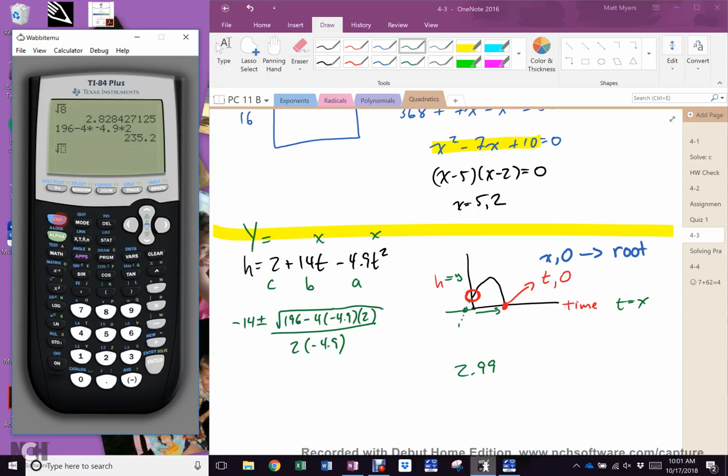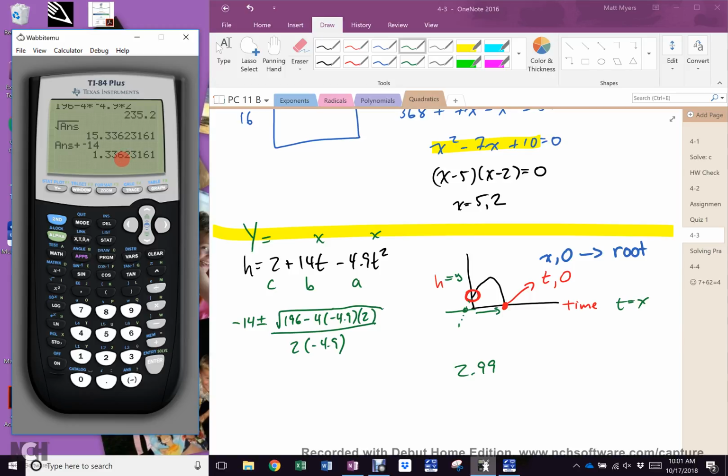Square root of 235.2, my last answer, is that, yes? Everyone cool? Right? Now, I'm going to add that to negative 14, which gives me that. Yes?